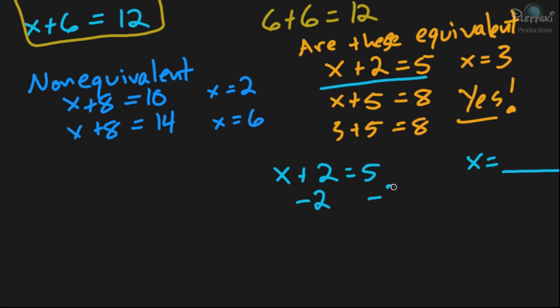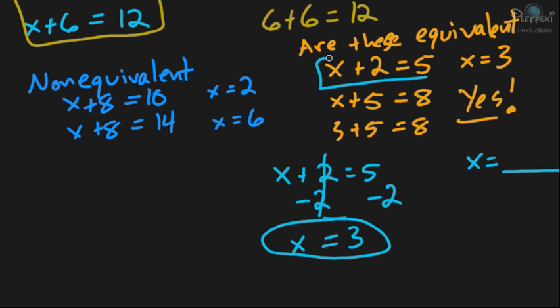So on the left side, x plus 2 minus 2, well, the 2's are going to cancel out, and I'm left with an x. And then 5 minus 2 will be x equals 3. Okay, that's the first one. x is 3, which we already knew because we looked at it before.